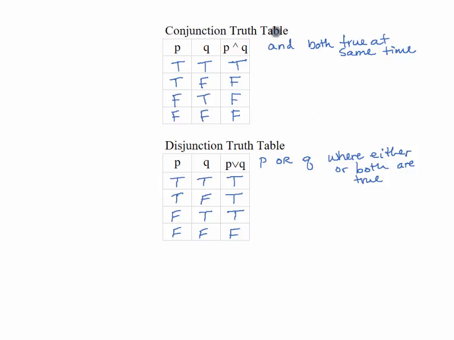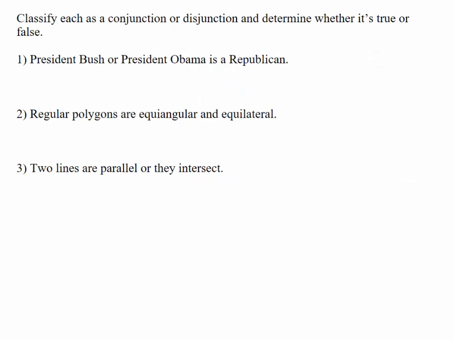For a conjunction to be true, both have to be true at the same time. For a disjunction to be true, either P or Q must be true to make the or statement, the disjunction, true. Okay, so you might as well go ahead and work on memorizing them, but until you memorize them, you can work them out. You can reason through it.